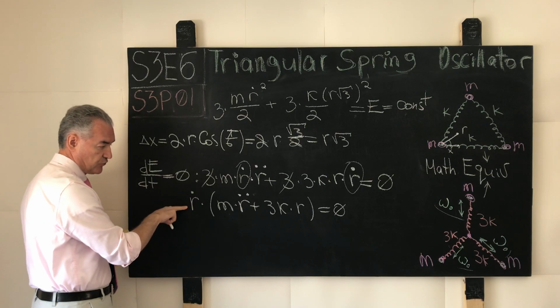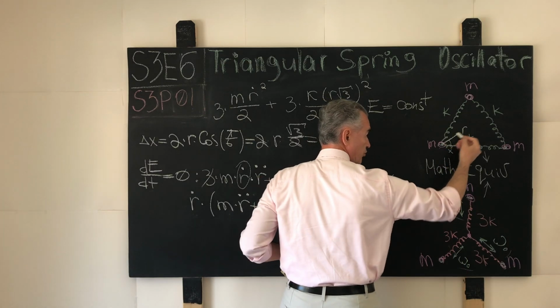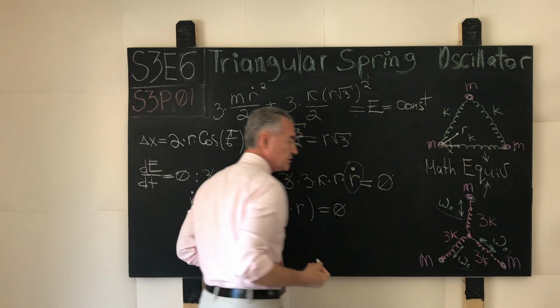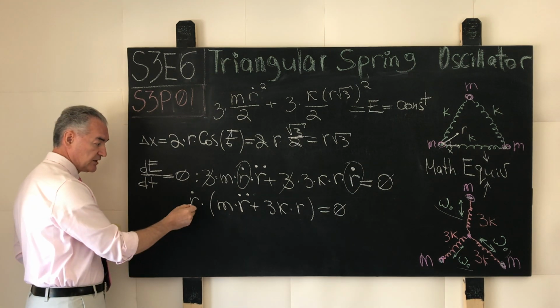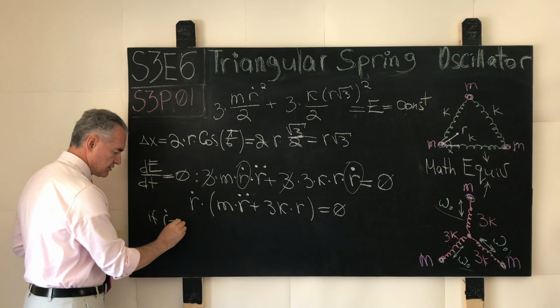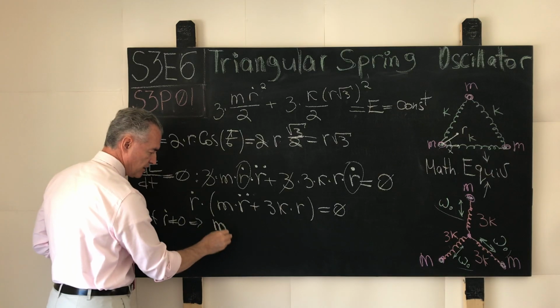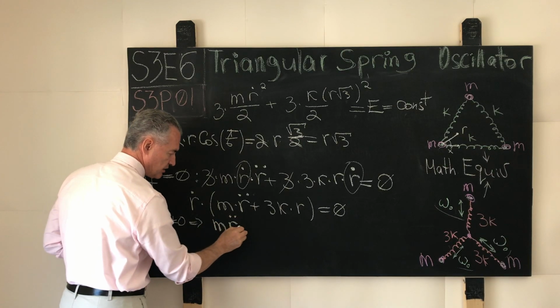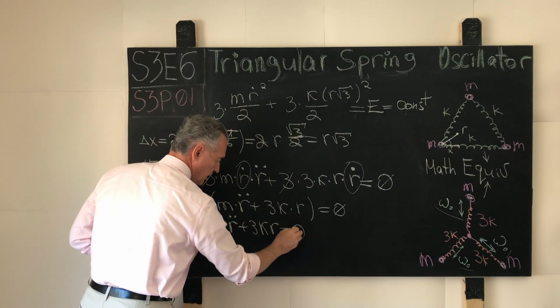The r dot, the first time derivative of r, the velocity of the oscillating point in the radial direction over here, in general is not 0. So if r dot is not 0, then what is the only choice? Well, m r double dot plus 3k r must be 0.